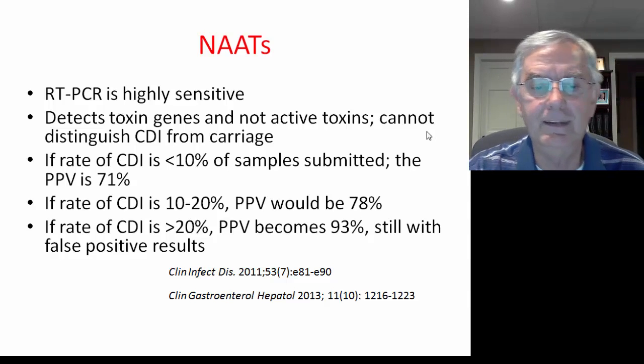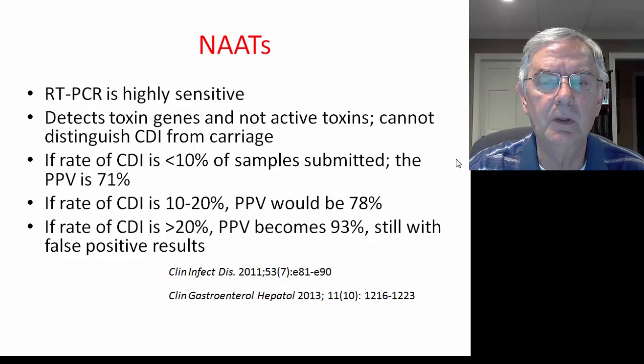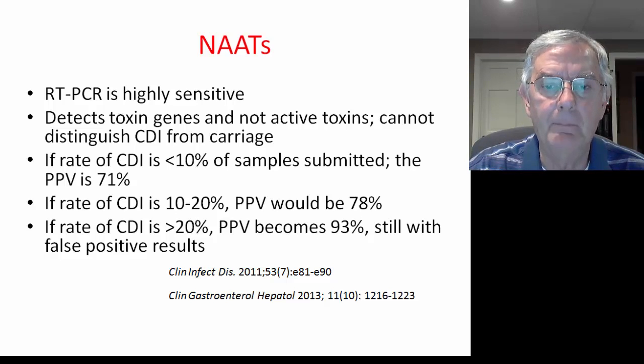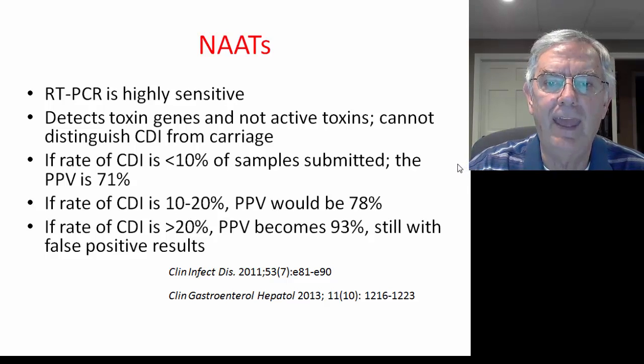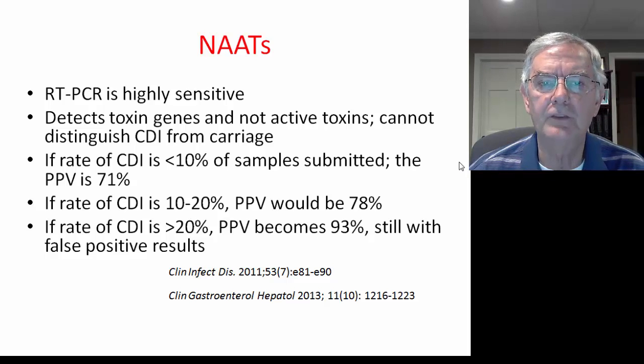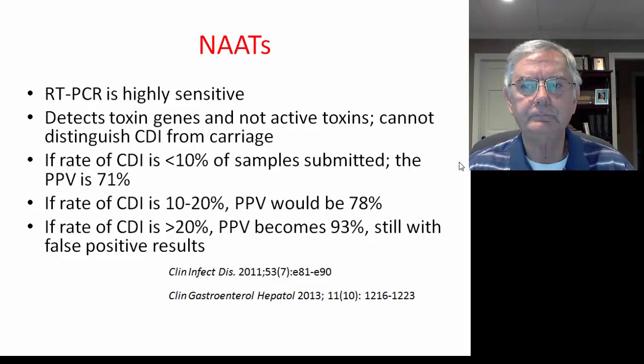And it still did have some false positive results. So PCR is not without its problems, but it is very sensitive and it is very specific, and it's used quite frequently throughout the country now as the source of results for Clostridium difficile infection.